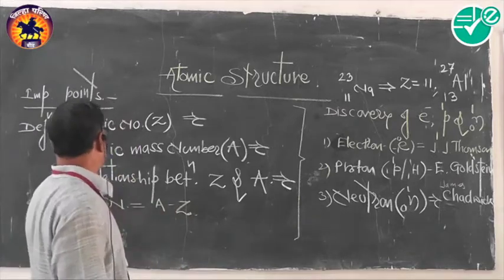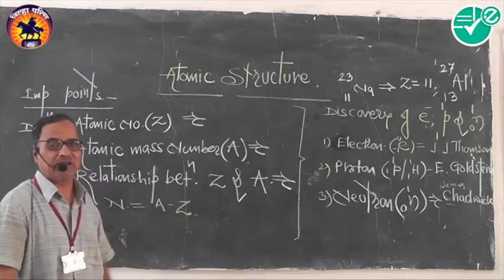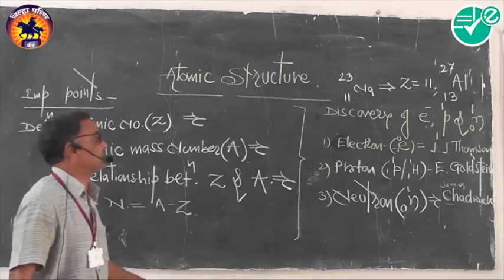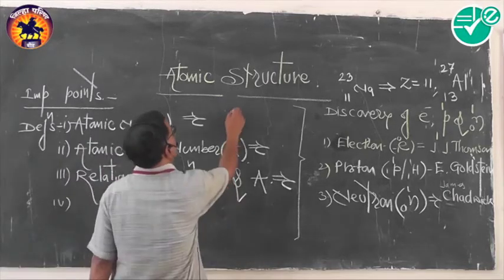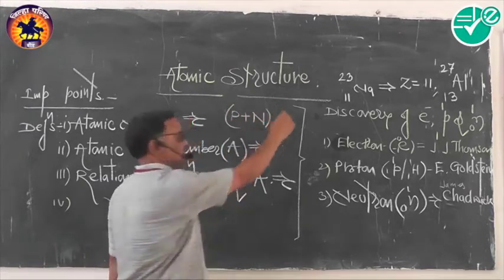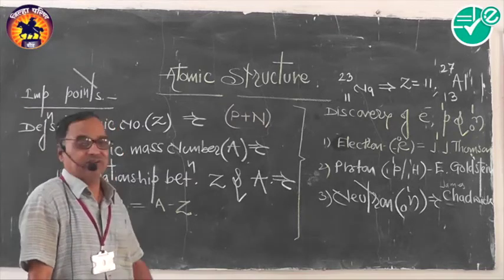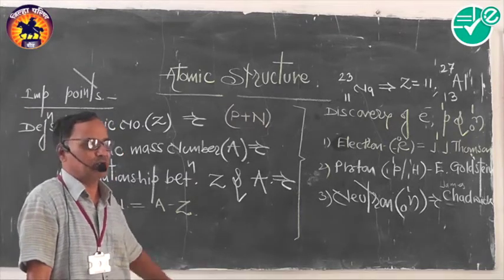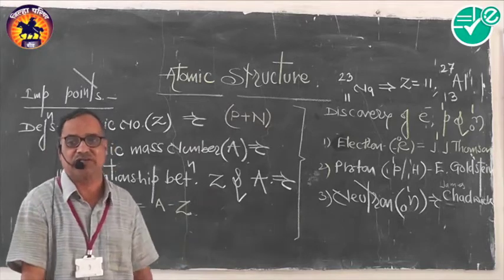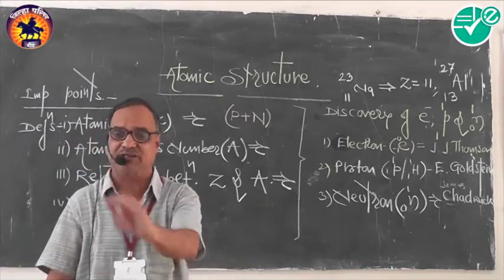The second point, that is atomic mass number of an element. So the atomic mass number of an element is nothing but the summation of protons and neutrons present in the nucleus of an atom. The sum of protons and neutrons present in the nucleus of an atom is called atomic mass number of an element.